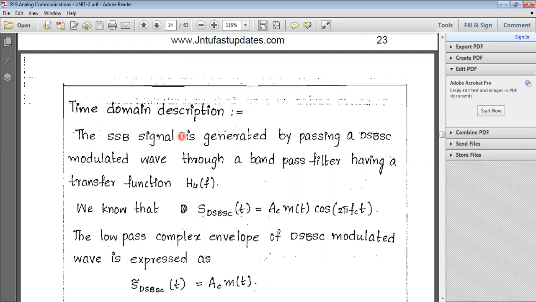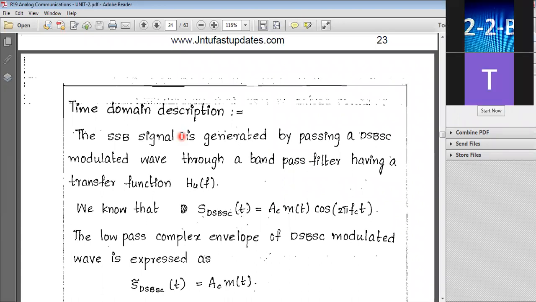So first note down that point. The SSB signal is generated by passing a DSB-SC modulated wave through a band pass filter, and that filter has the transfer function, already you know transfer functions.